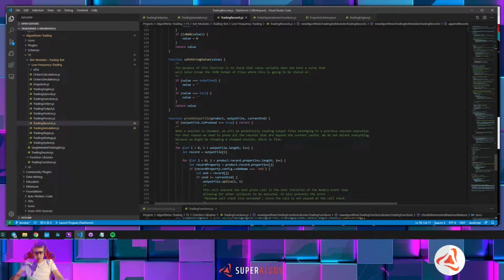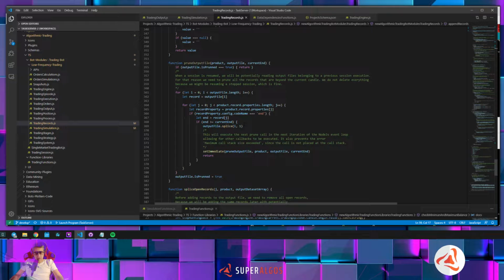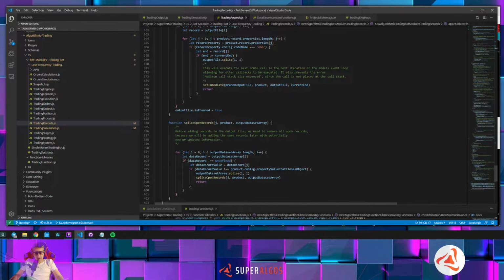String value. Why is this commented out? Okay, that's not a problem for today.